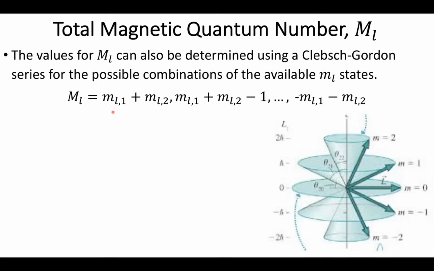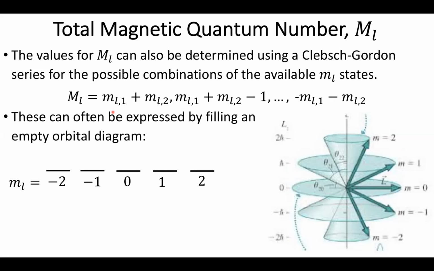But again, I like looking at these more from an electron structure perspective, so I often like building these up using an empty orbital diagram and then filling in my electrons. So using this convention, my total magnetic quantum number is just going to be the sum of the two individual magnetic numbers, because I will have already taken into account the vector component.